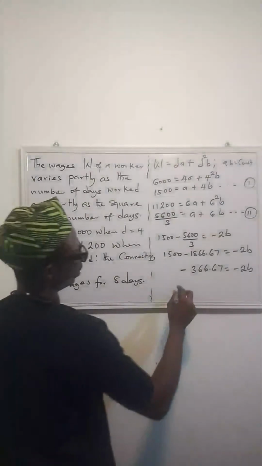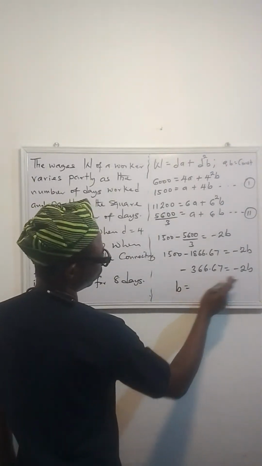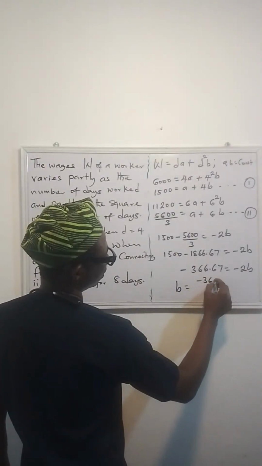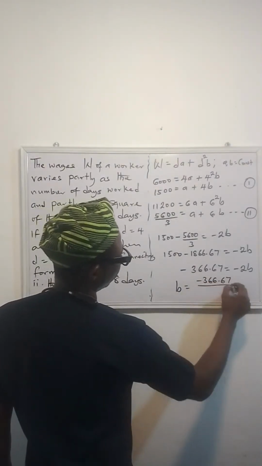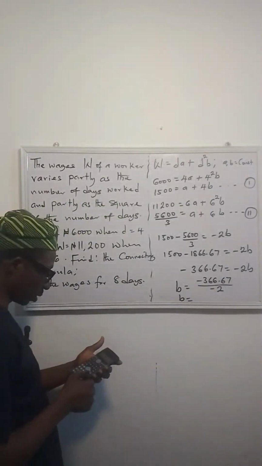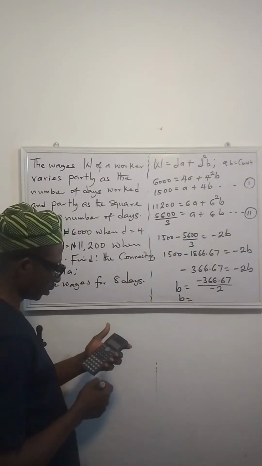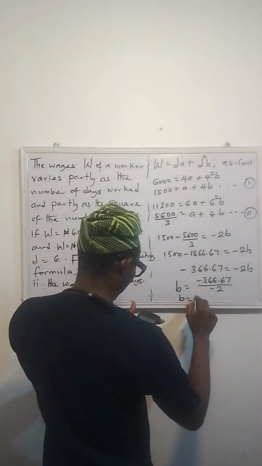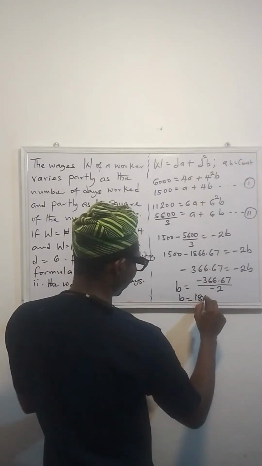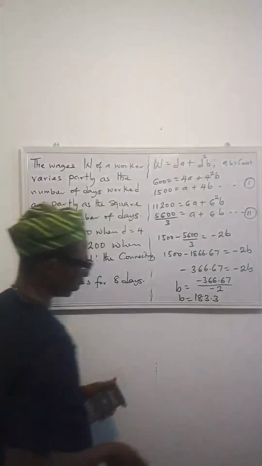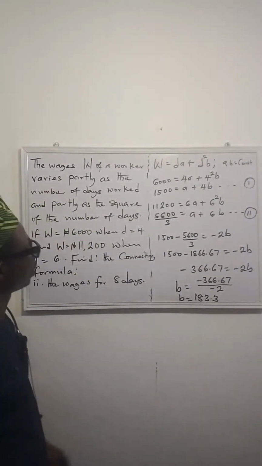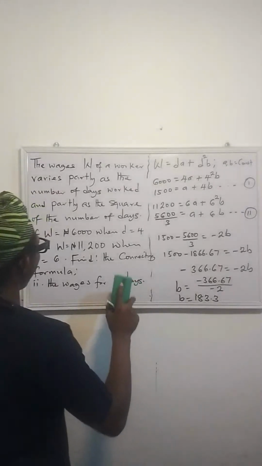So we have B equals, you divide both sides by minus 2, minus 366.67 over minus 2, and B gives us 183.3. So that's going to be the constant B. Now let's get constant A.